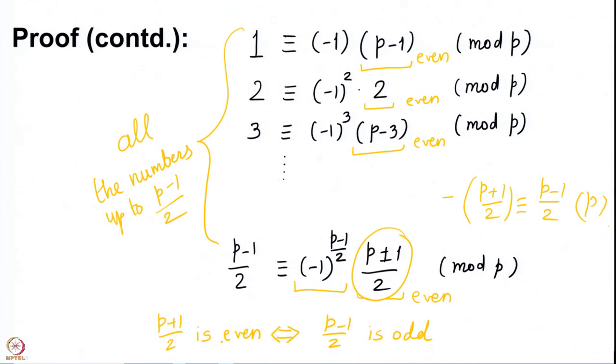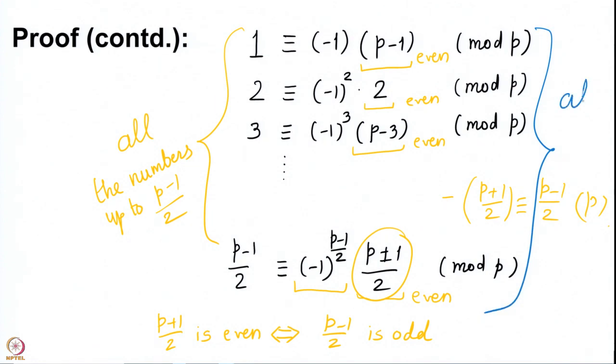And if (p plus 1)/2 is odd, or in other words if (p minus 1)/2 is even, so if we choose the minus sign here, then of course this will become plus 1, because it is minus 1 to the power an even quantity. So, here on this side we get all the even numbers which are also less than p.